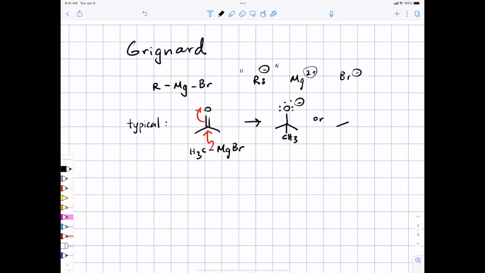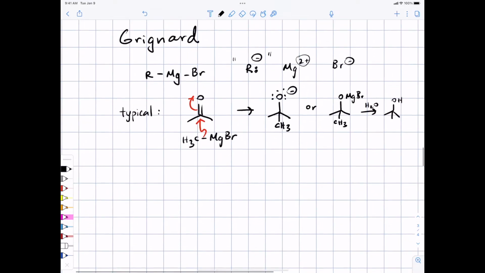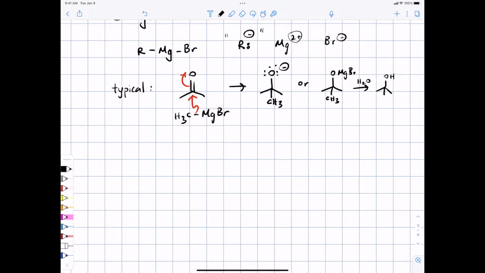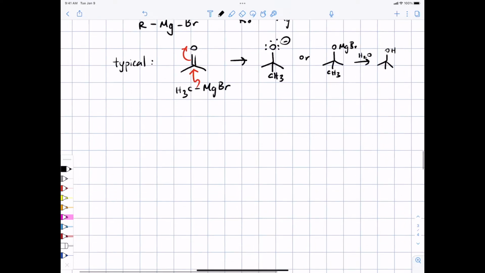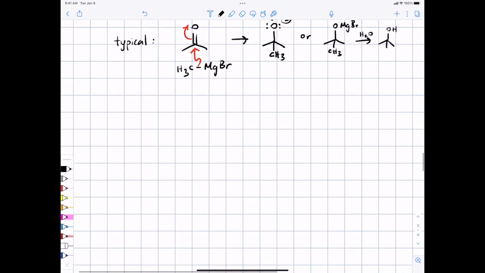Some people will say, oh well, probably the oxygen then associates with the magnesium, and there you are until aqueous workup, whereupon you get the alcohol. All right? And that's fine, but there's evidence that it can be more complicated than that.